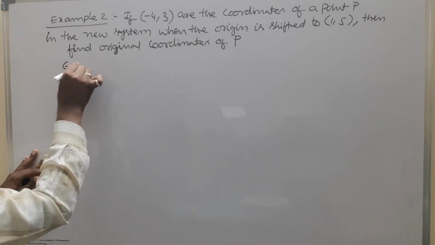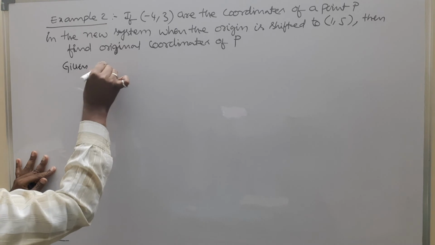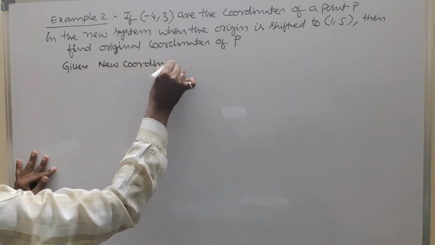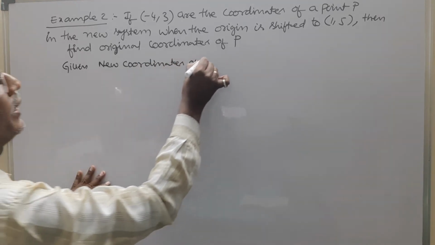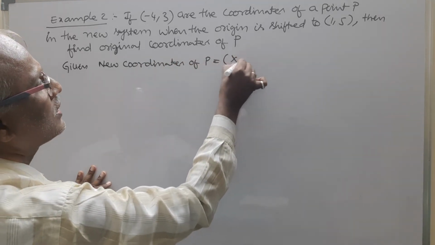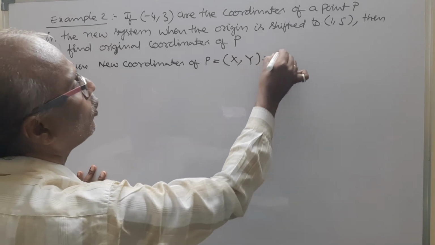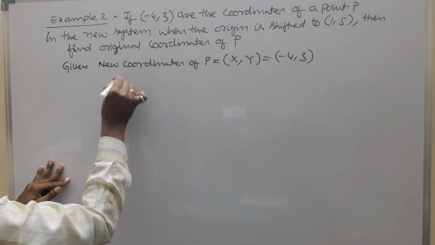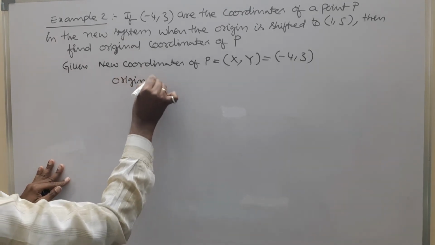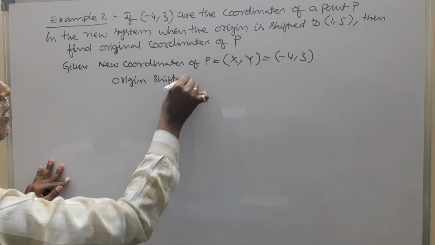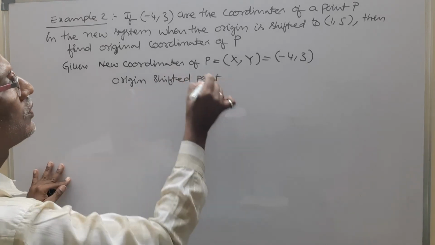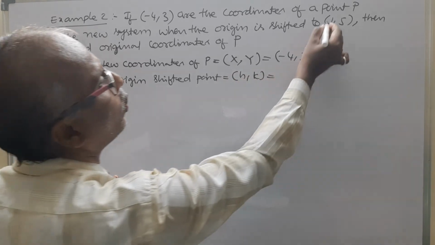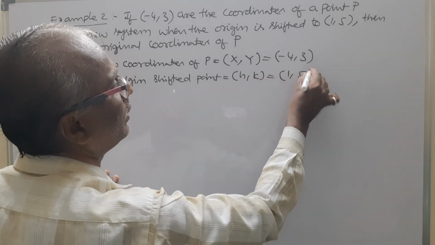Given the new coordinates of P, (X, Y) = (-4, 3). The origin shifted point (h, k) = (1, 5).